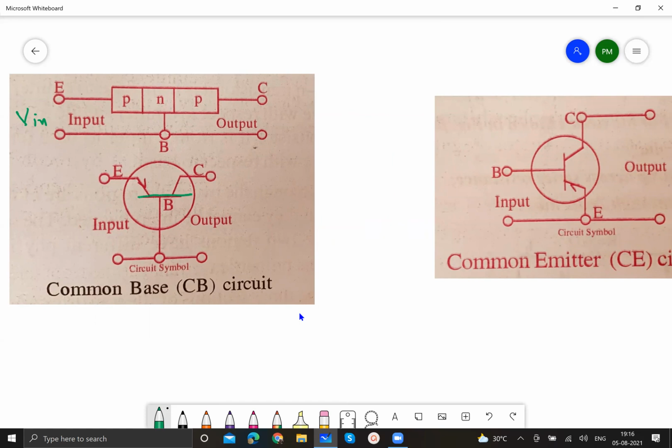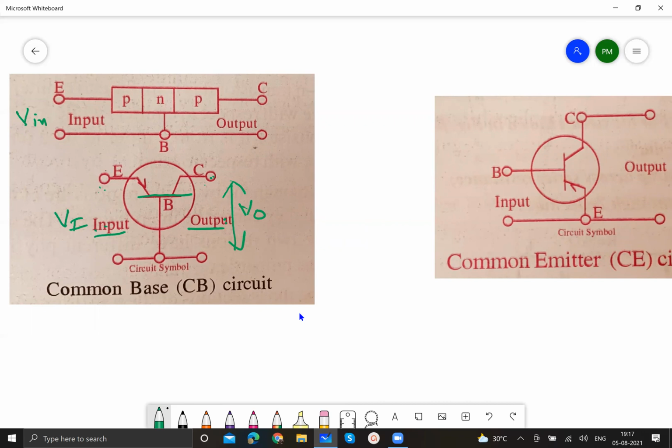Base is common for input and output circuits. So input is applied here and output will appear here. So emitter and collector are present in the input and output circuits while base is common to both. Do you agree or not? Correct?